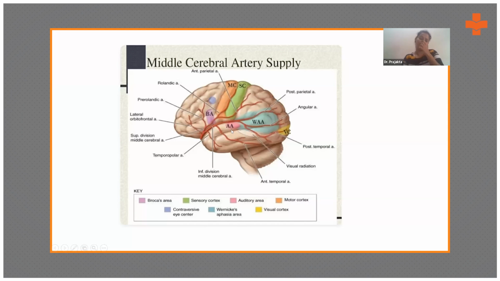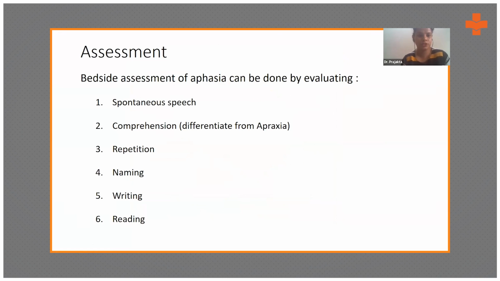So usually when patients come with a left hemisphere MCA infarct, they are more often found to have a language issue, aphasia.